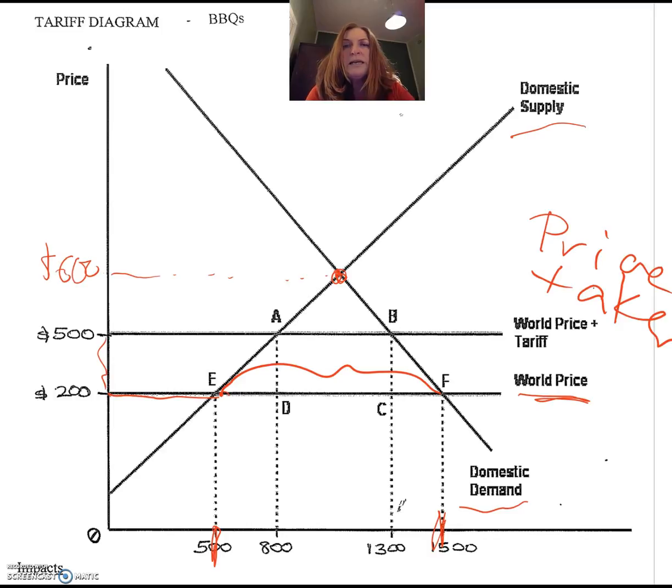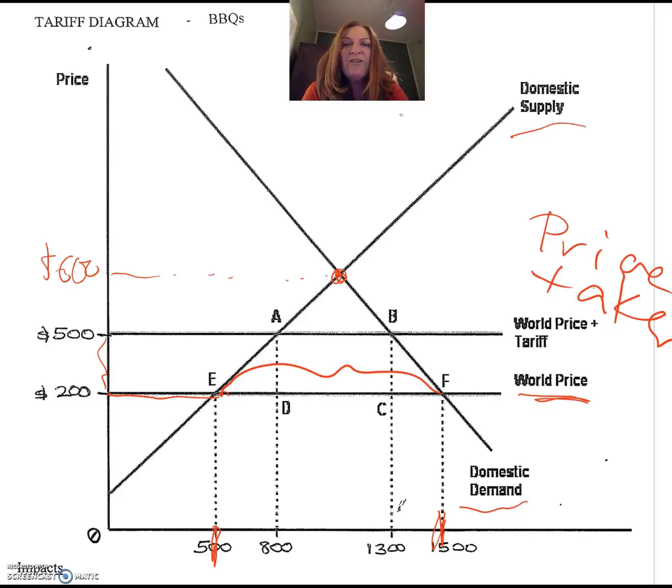So what happens in that instance is the tariff isn't paid by the domestic producers, it's actually only paid by the overseas producers, the global producers. It's paid on the imports. So domestic producers still get to charge the higher price, but they get to pocket that extra money.